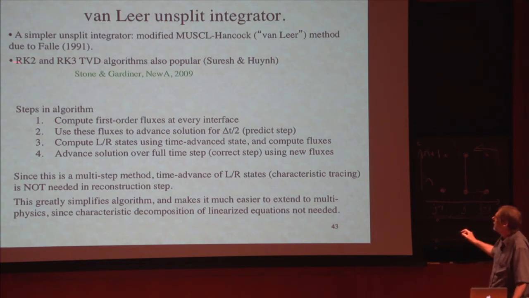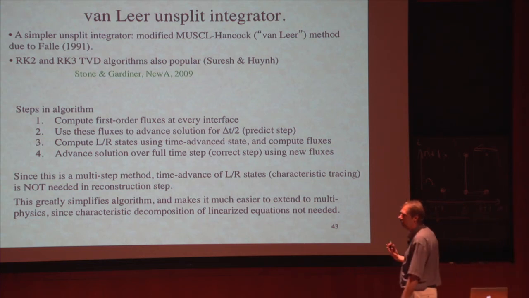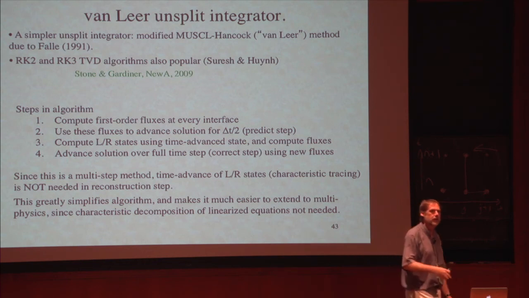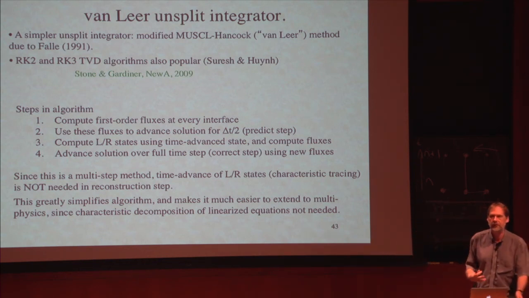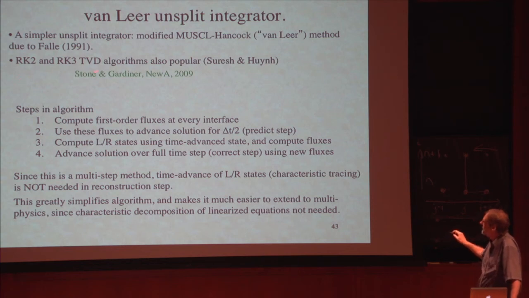And to do that, there are so-called Runge-Kutta integrators, RK2, RK3. RK4 is kind of a sweet spot because going to RK5 is many, many more sub-steps to keep them TVD. So these Runge-Kutta TVD algorithms are quite popular. There's also something called MUSCL-Hancock, which is very, very popular.